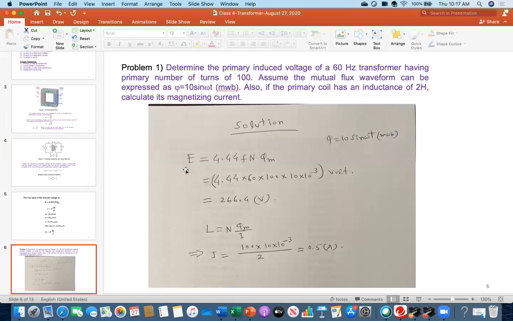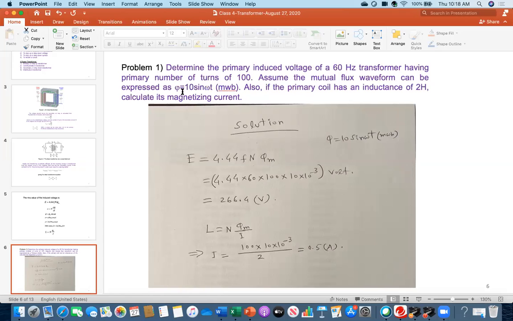So that is my equation that we just looked at in the previous slide, the RMS value. The frequency is 60 Hertz, given in the first line. Number of turns is clearly mentioned, 100. Now I need phi m. We discussed that phi m is the magnitude. But in the statement, in the third line, the waveform is expressed as phi equal to 10 sine of omega t.